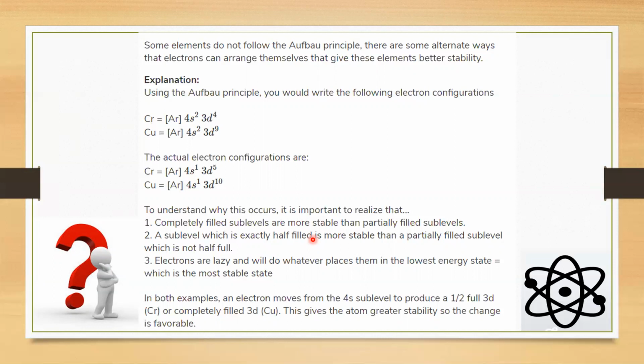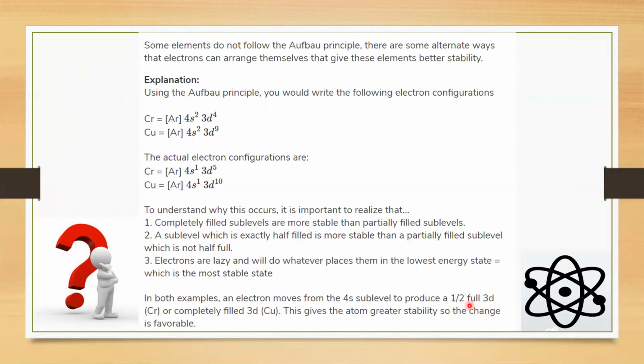So in both the examples, an electron moves from the 4s sublevel to produce a half filled 3d in chromium or a completely filled 3d in copper. This gives the atom greater stability, so the change is favorable.